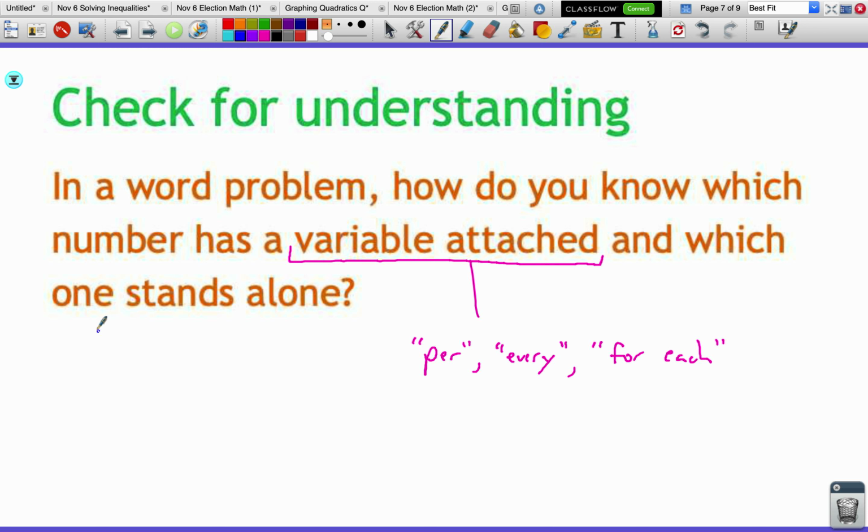For which one stands alone, we could have words like starts with or ends with. So if we're being told a starting or an ending value, that number is not going to change. Right? That is just the number at the start, and then the value could change based off of some other term, but the amount that you started with, that's fixed. All right.